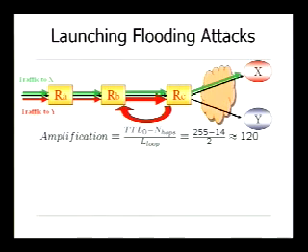To understand how much the flooding traffic will be amplified in the forwarding loops, we use a typical case to calculate the amplification. If attackers want to flood the links, they will send traffic with the initial TTL value as large as possible, suppose 255.